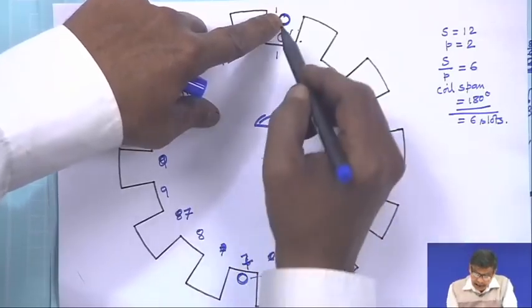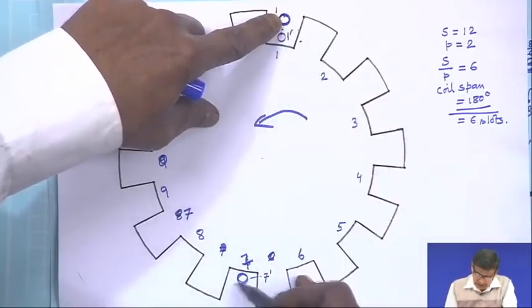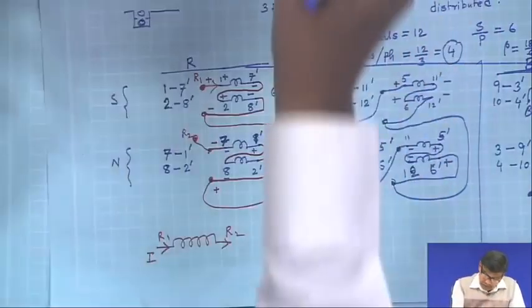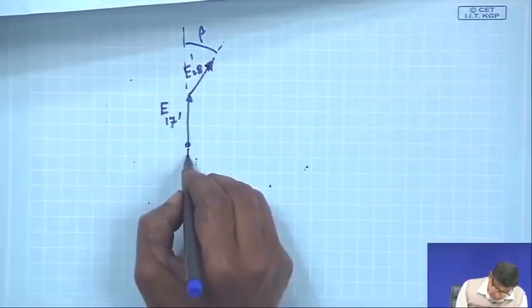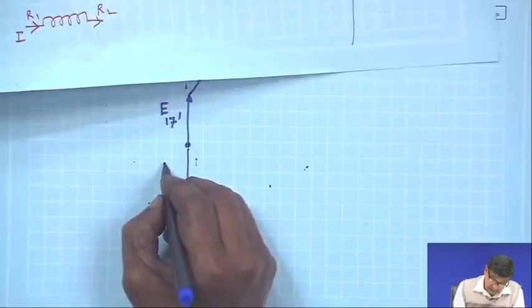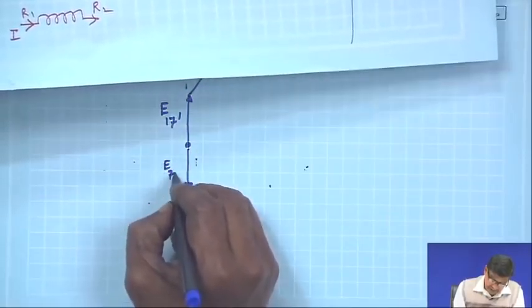Therefore, it will lag this coil voltage by 180 degrees. If I draw it, I should draw it of equal length. This is E71 dashed.